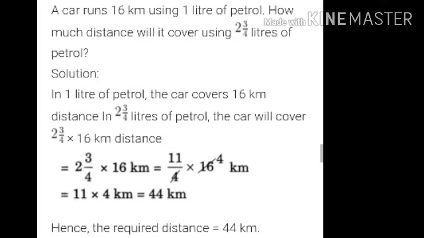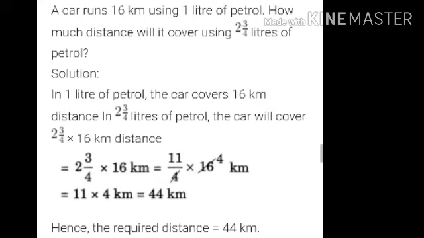Next question, a car runs 60 km using 1 liter of petrol. How much distance will it cover using 2 3 by 4 liters of petrol? So, the solution is, in 1 liter of petrol, the car covers 60 km. We have to find the distance covered by the car using 2 3 by 4 liters of petrol.